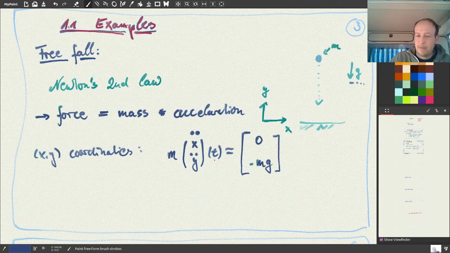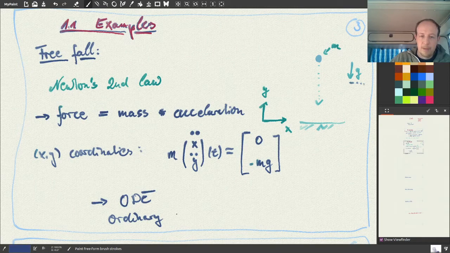So now we need starting conditions, but then we can solve this differential equation, and then we know how the mass will behave in time. This is still just an ODE, an ordinary differential equation.